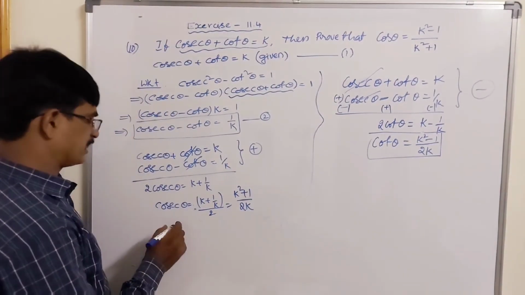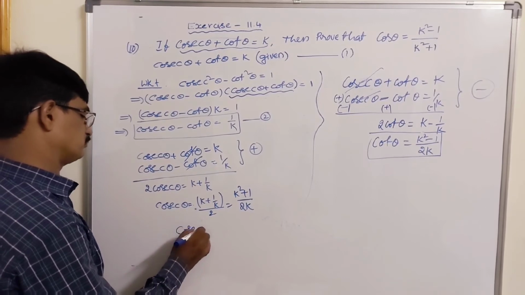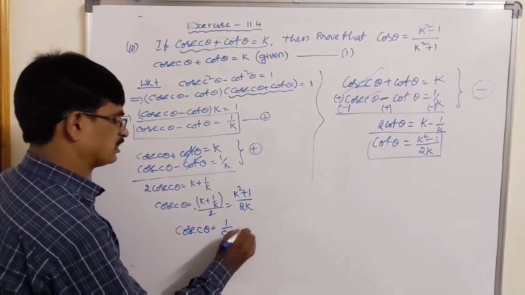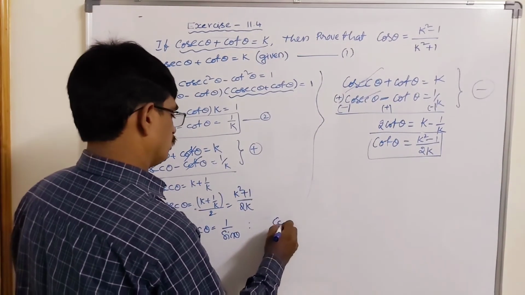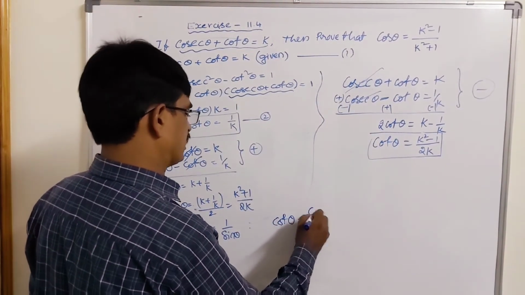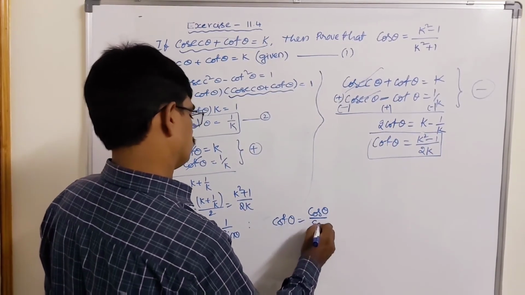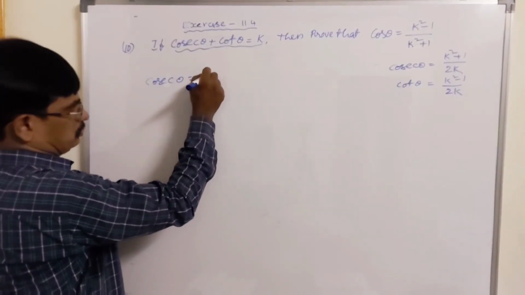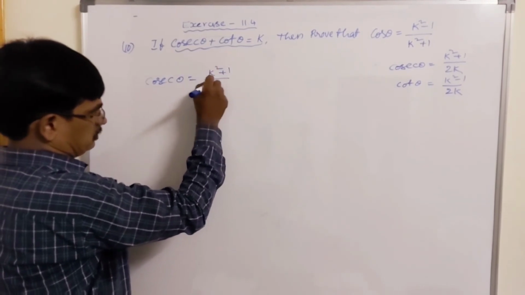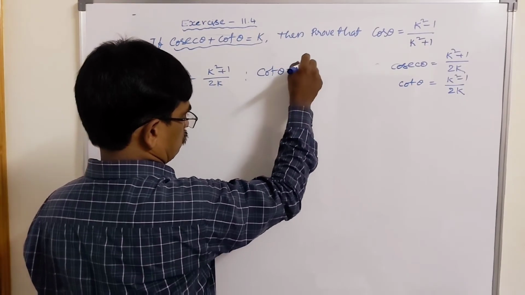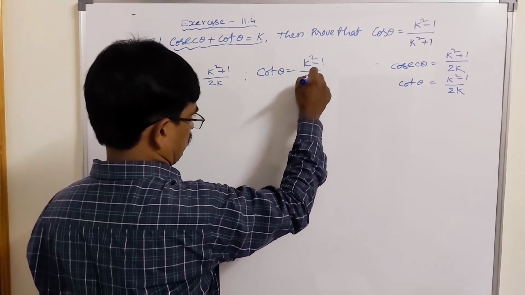Now cosecant theta can be written as 1 by sin theta, right? Cot theta can be written as cos theta by sin theta.